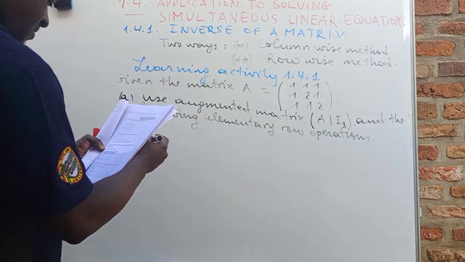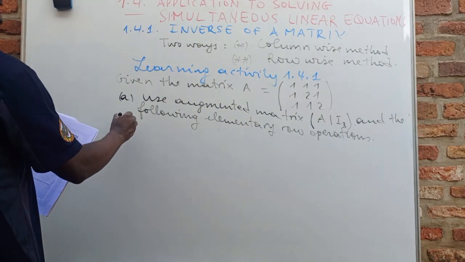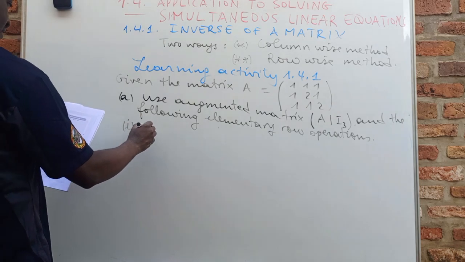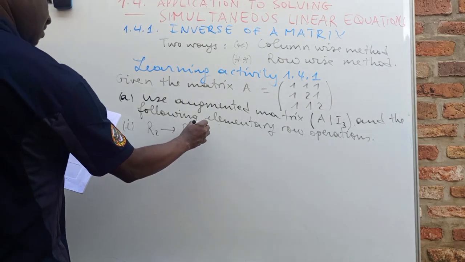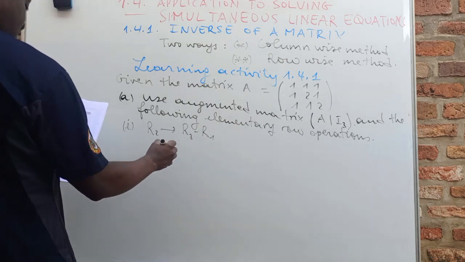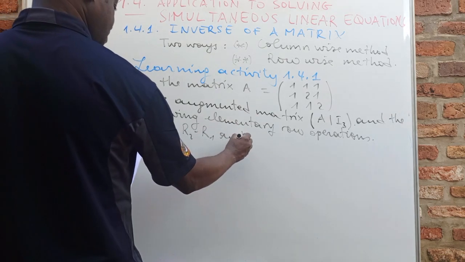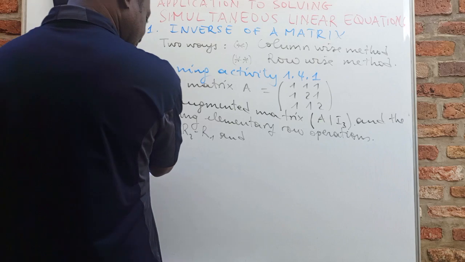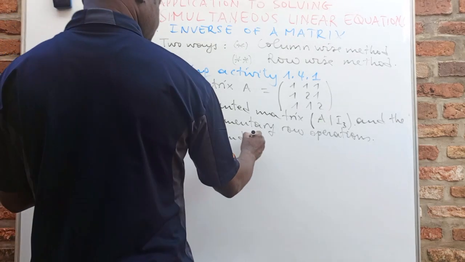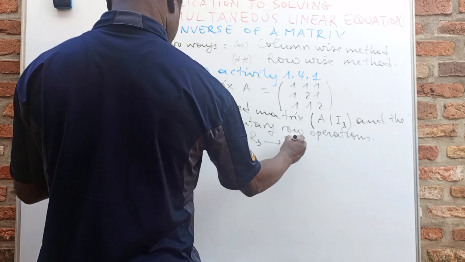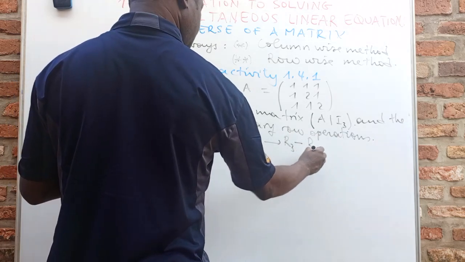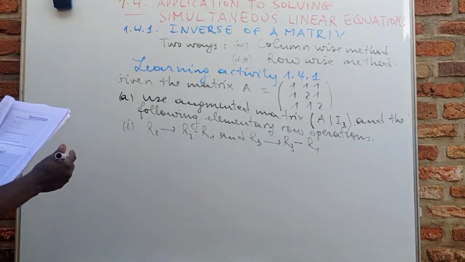Row 2 is replaced by row 2 minus row 1, and row 3 replaced by row 3 minus row 1, probably in this order.